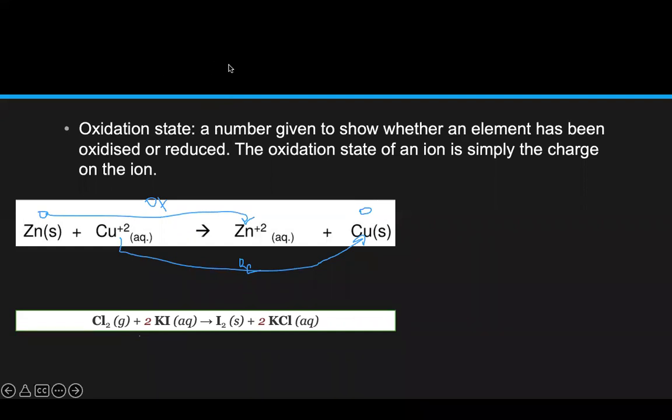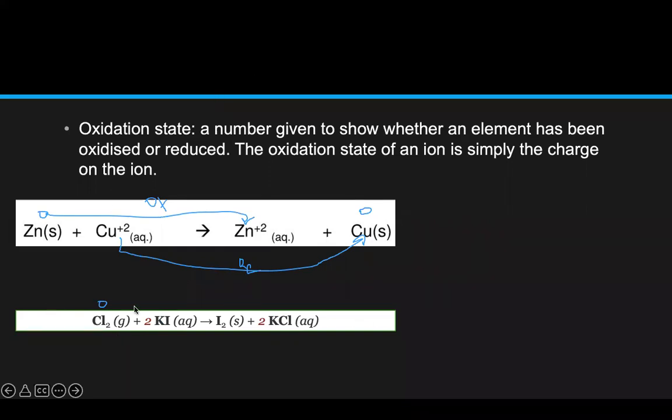You can either write the ionic equation or simply write the charges above, because K will cancel out either way. But let's not mention spectator ions right here, and let's just focus on the oxidation state.